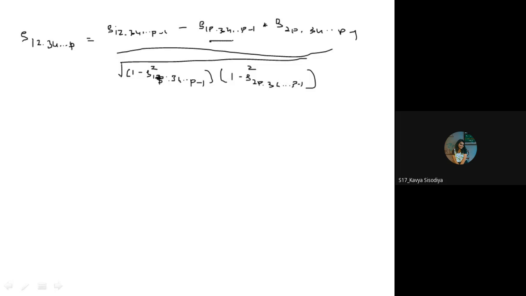So you have to use 1 minus this quantity square, into 1 minus this quantity square, and take their square root. If you substitute p equal to 3, how many variables do you have? x1, x2 and x3.